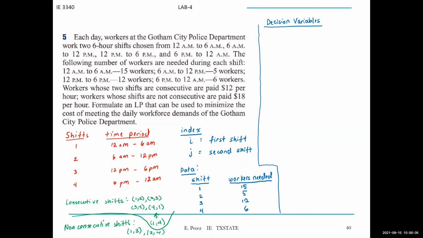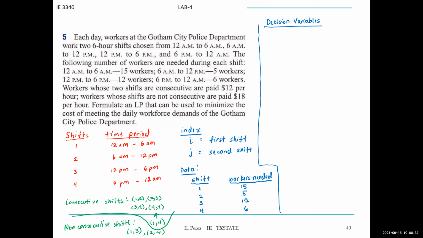Other than that, you go back to the same list, so you only have 2 options here. You start in shift 1, you skip 2, go to 3, or you start at 2, skip 3, go to 4. If you start at 3, you skip 4 and then you go to 1, so you end up working 1 and 3 anyway. So in terms of non-consecutive shifts, we have these two options, 1, 3 and 2, 4.